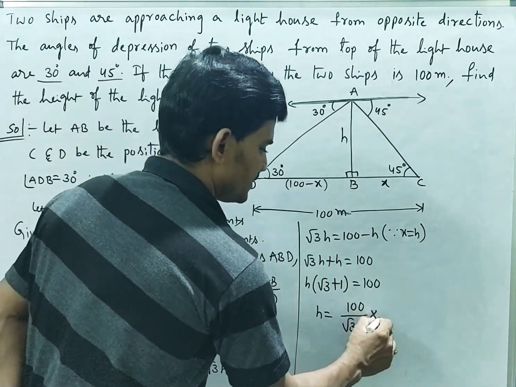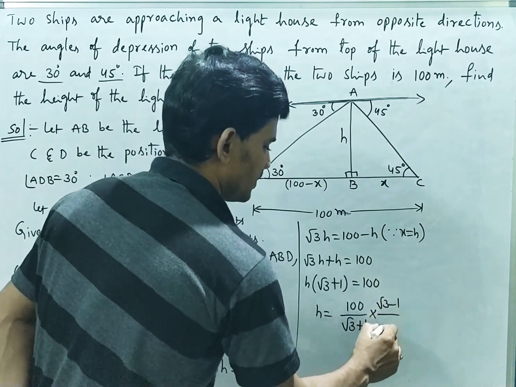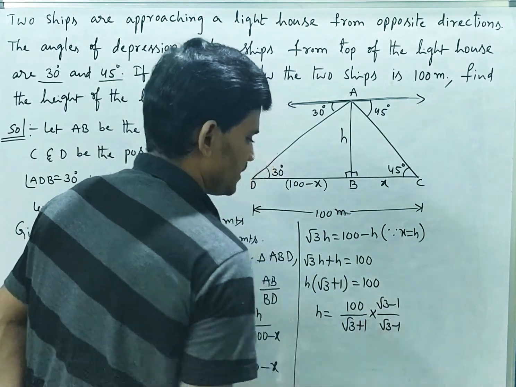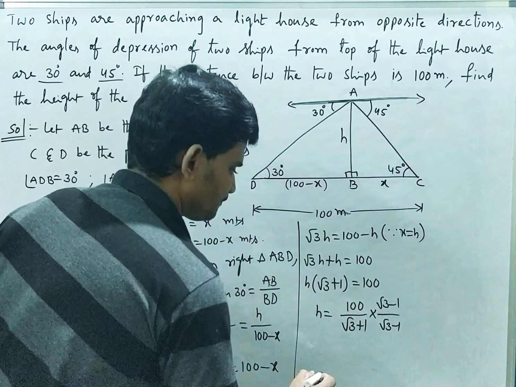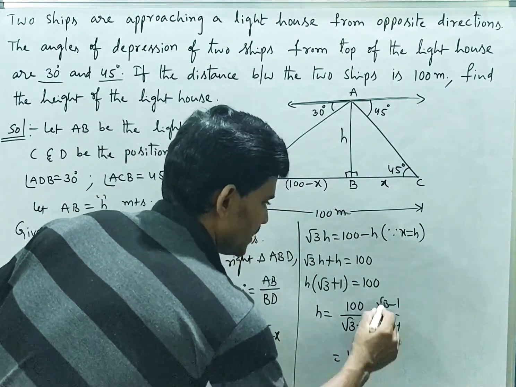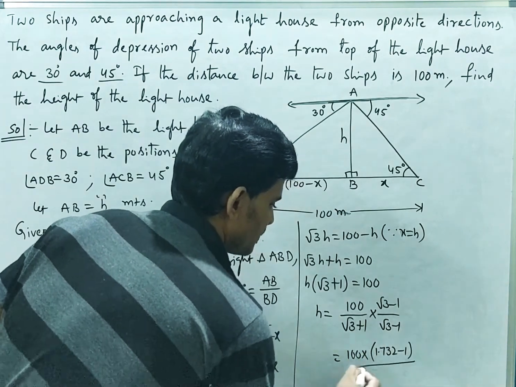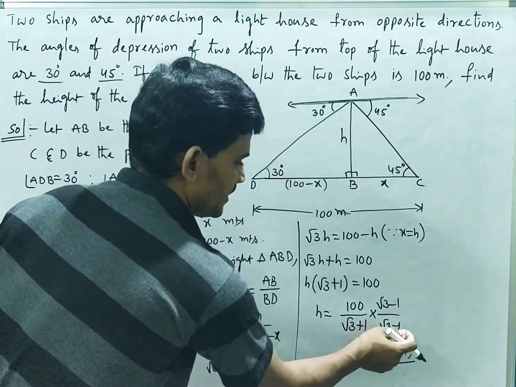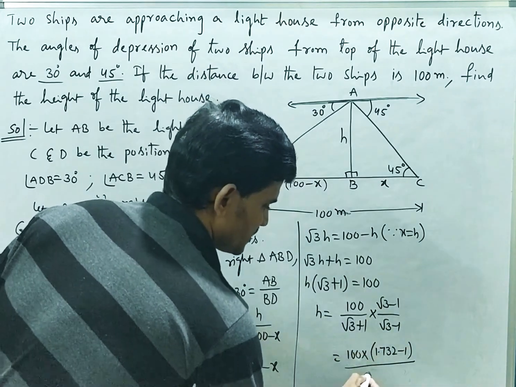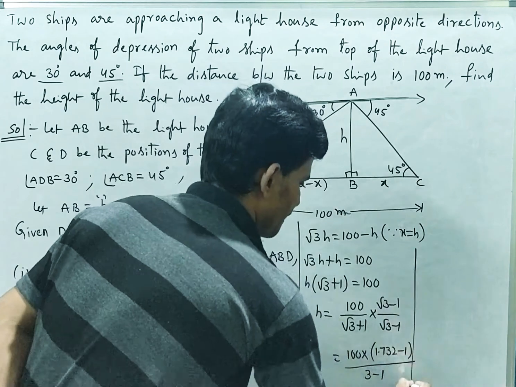Let us do rationalization of the denominator by root 3 minus 1. Then what happens? 100 into root 3, which is 1.732, minus 1. The denominator, a plus b into a minus b, becomes a squared minus b squared, that is 3 minus 1.